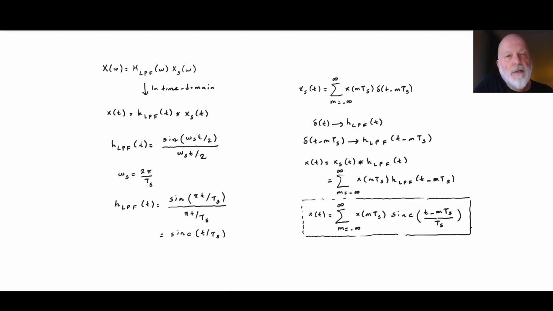So it is an interpolation formula. And this formula is known as the Shannon Interpolation Formula. Also in the literature, it is sometimes referred to as the Whittaker-Shannon interpolation formula, because a British mathematician, Whittaker, obtained similar results before Shannon.